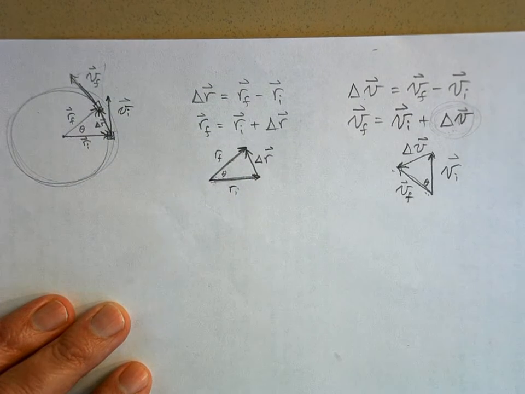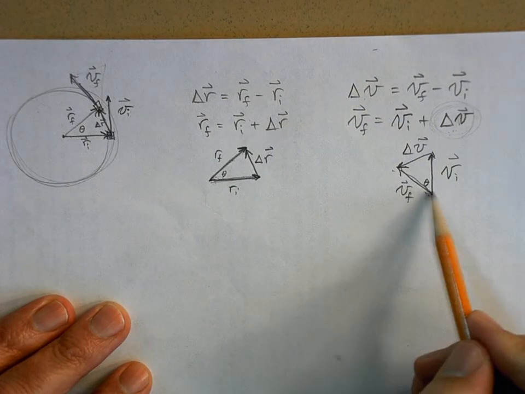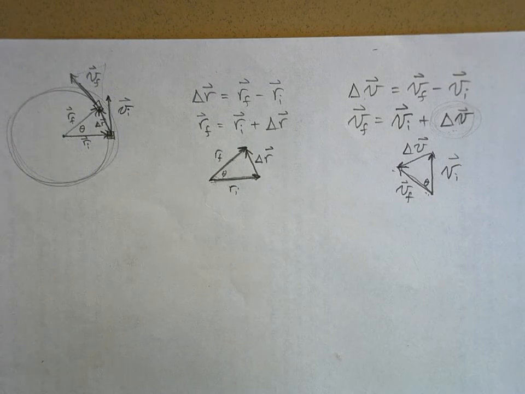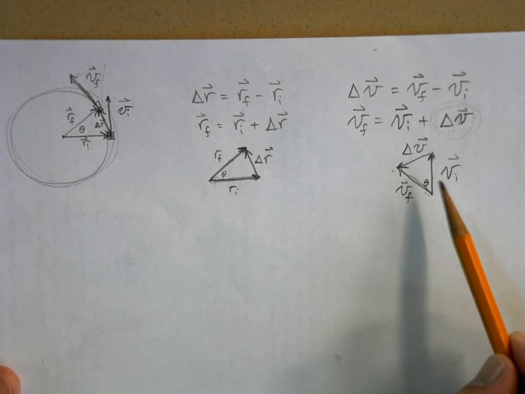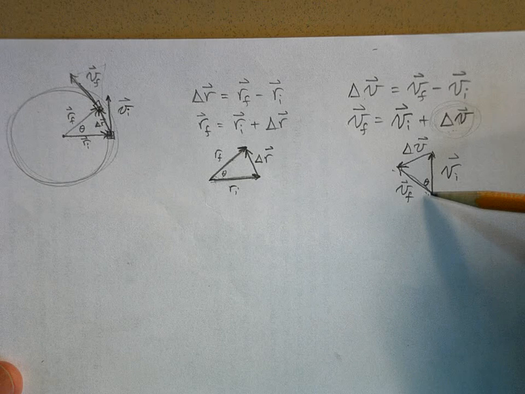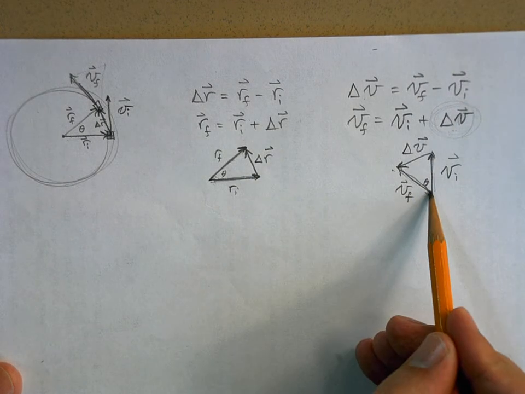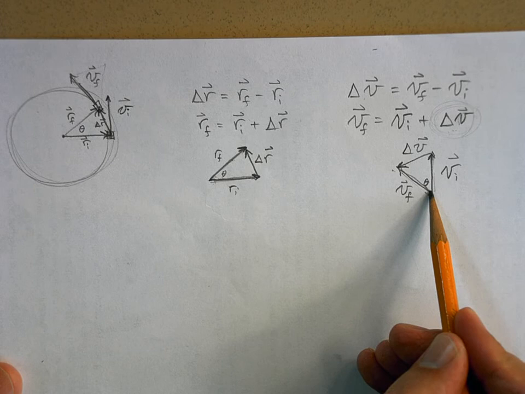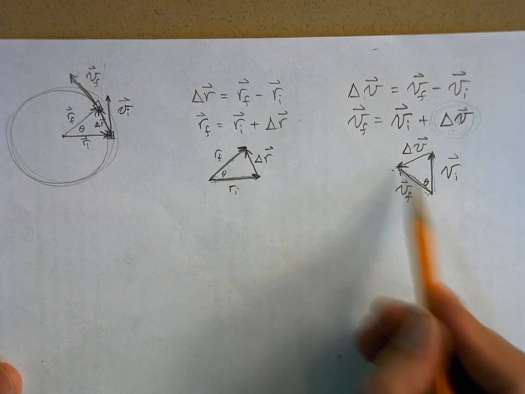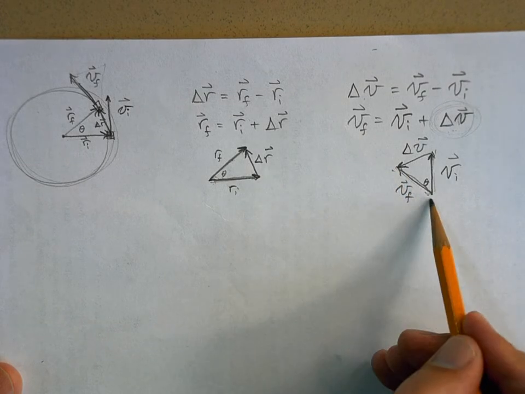Okay? Now, if you can accept that the velocity vector gets rotated by the same angle as the position vector gets rotated, and my speed is the same, and speed is the magnitude of this velocity vector I've drawn, then if these two are the same, it makes a triangle. What kind of triangle is that?